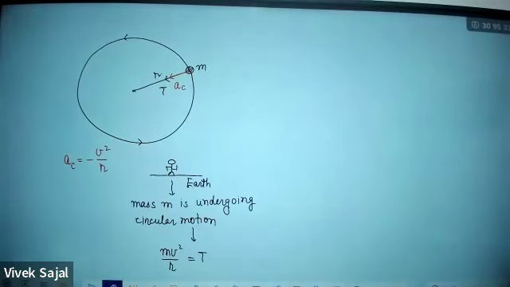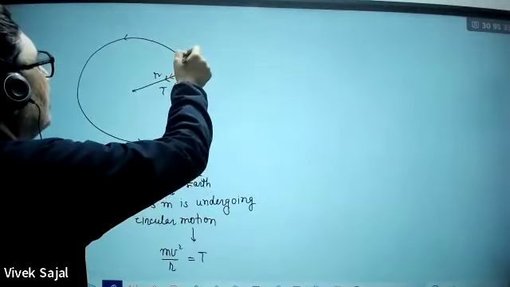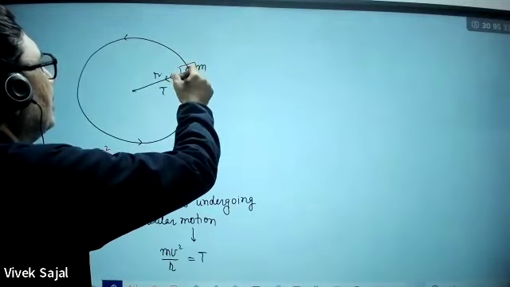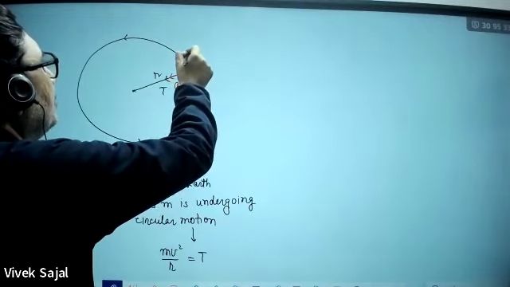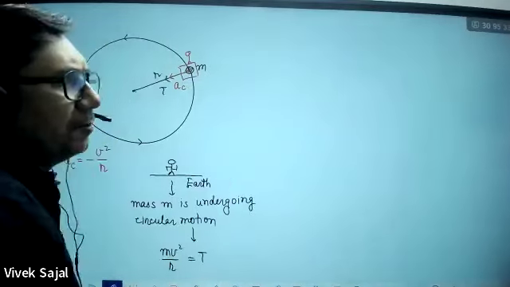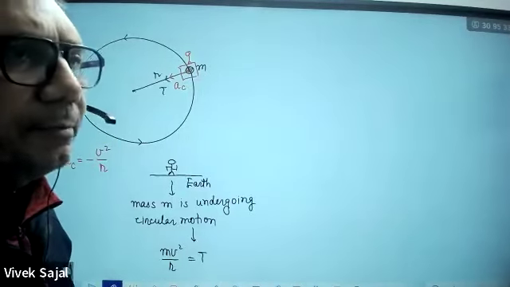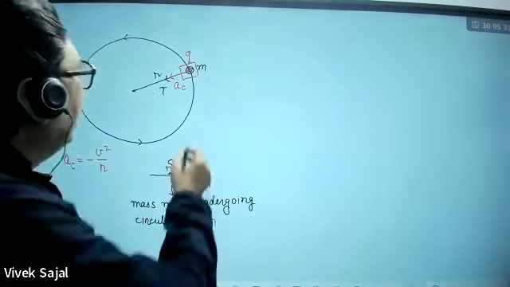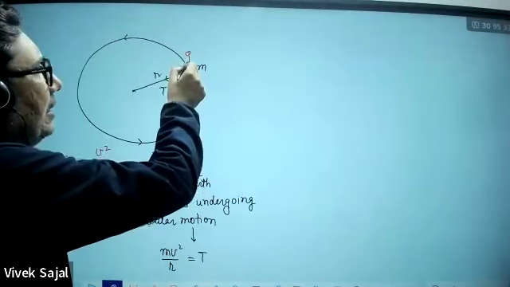Now, try to think of this problem in another way. Suppose my observer is standing here, in the frame that is attached to this ball. So you have a frame attached to this ball, and this person is standing on the ball.